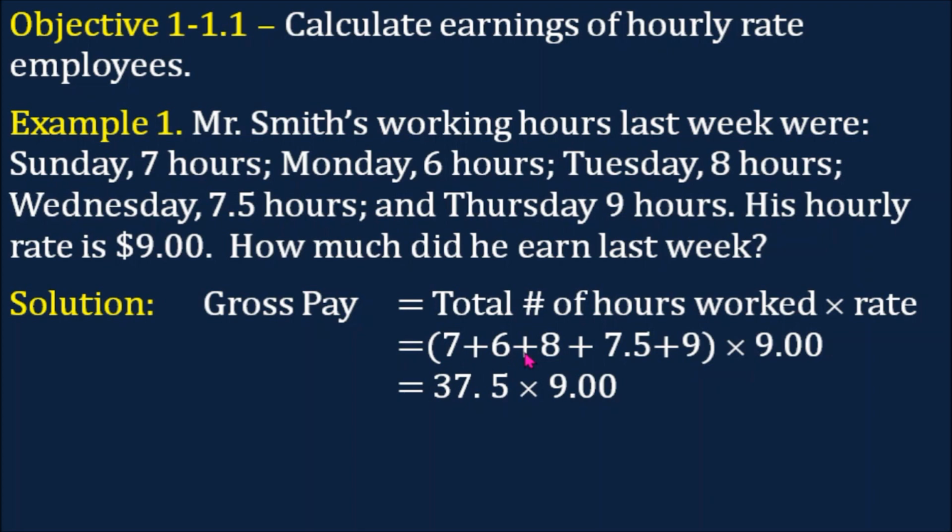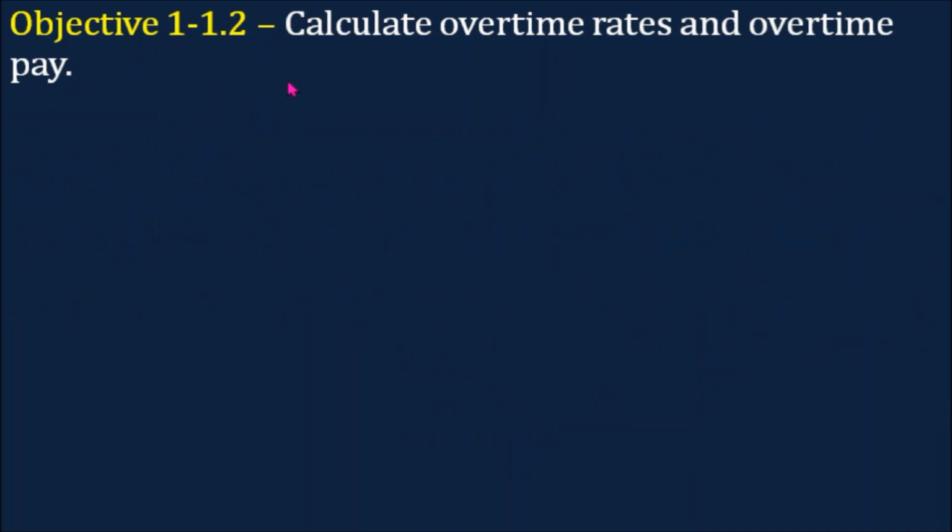So 7 plus 6 plus 8 plus 7.5 plus 9 equals 37.5. Then times 9. So the answer is $337.50. Objective number 2, calculate overtime rates and overtime pay.